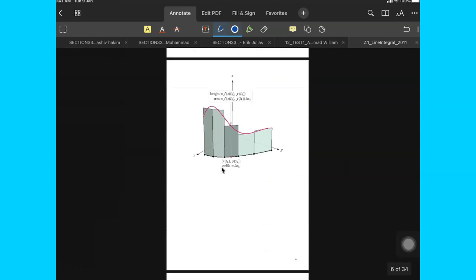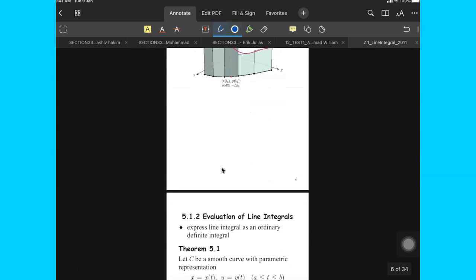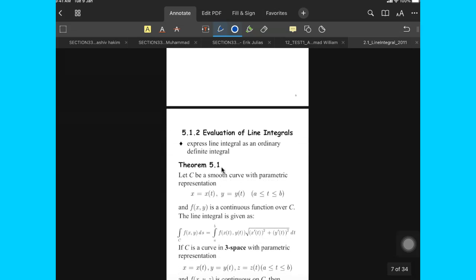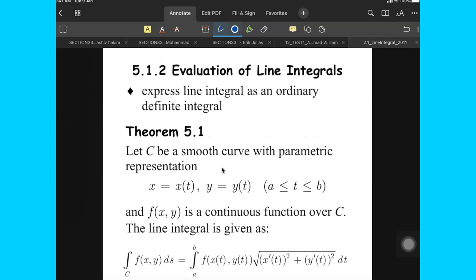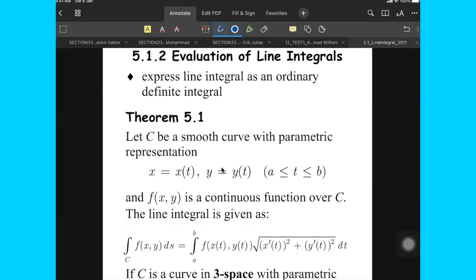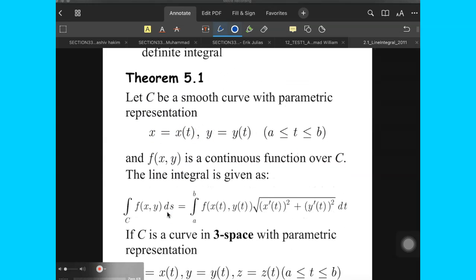So now we want to look at how we can evaluate the line integral, starting with the scalar function. Normally, if you look at your line integral here, in general we want to compute the integration of the function f in terms of x and y along the curve C. So you must have the information about the curve.